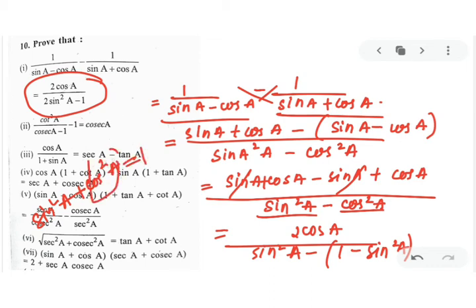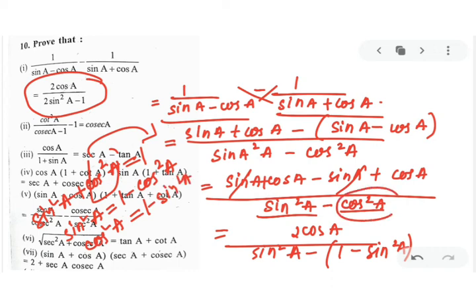So if I take this cos² A on this side, it will be sin² A is equal to 1 - cos² A. And vice versa, if I want cos² A here, it will be 1 - sin² A. So instead of cos² A, I have written 1 - sin² A. Once I open the bracket, I will get 2 sin² A - 1, which is the right hand side of your required part. Is that clear?